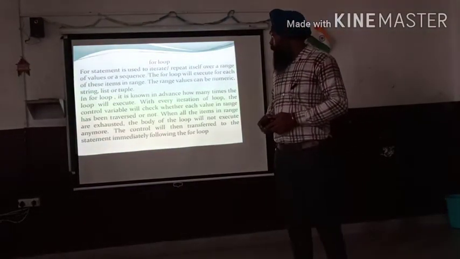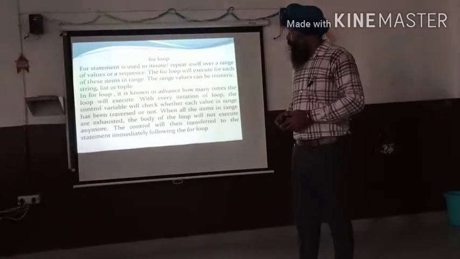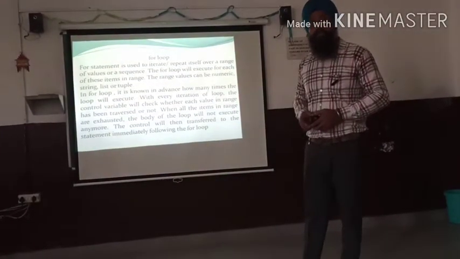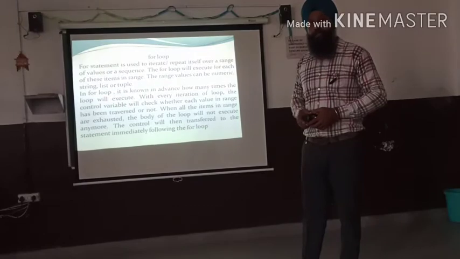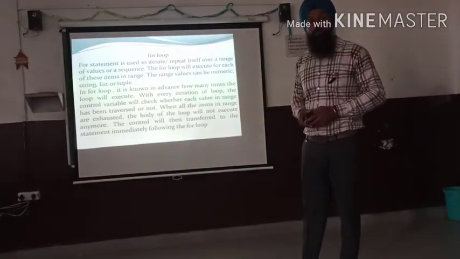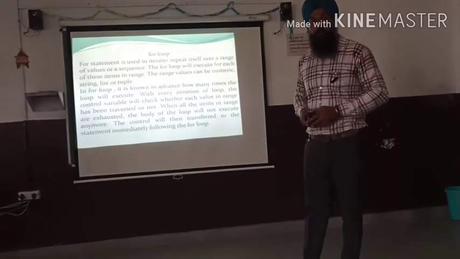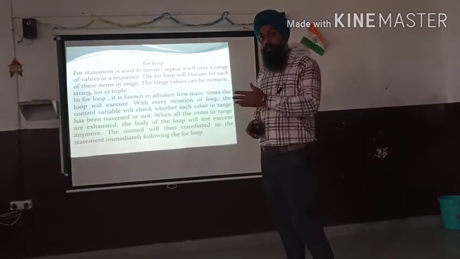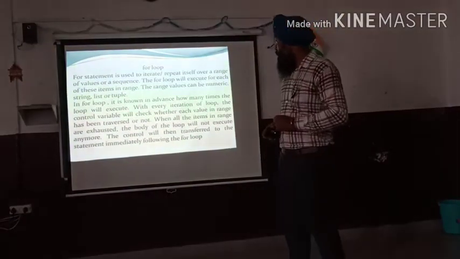So in a for loop, it is known in advance how many times the loop will execute. From the initial conditions of the loop, we can determine how many times the given loop will execute.